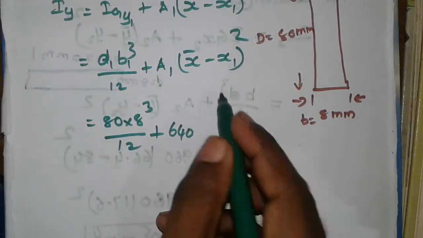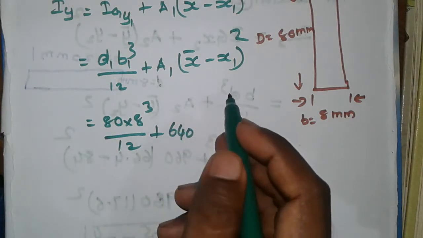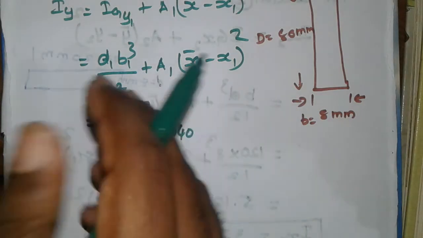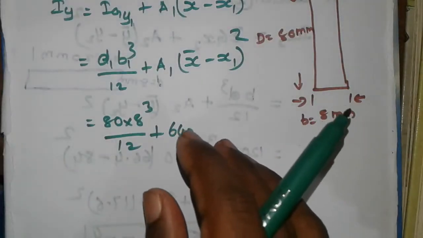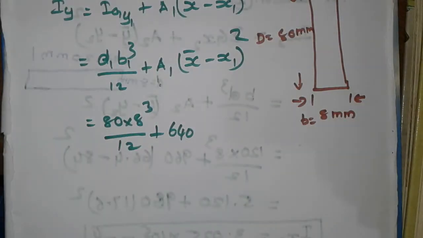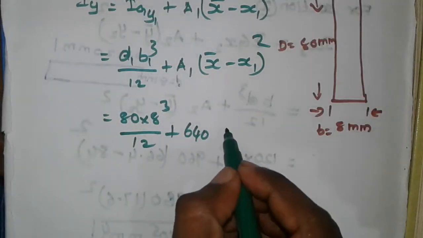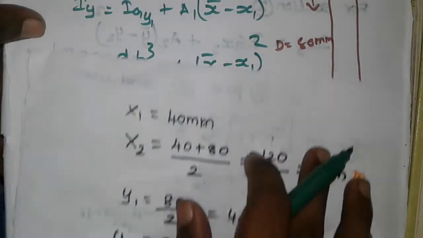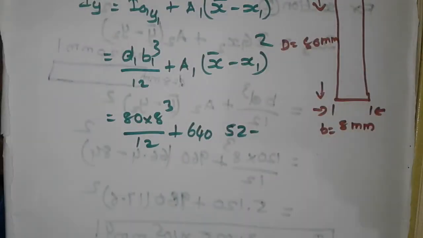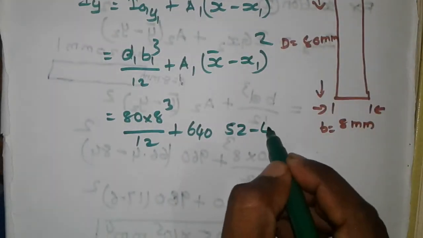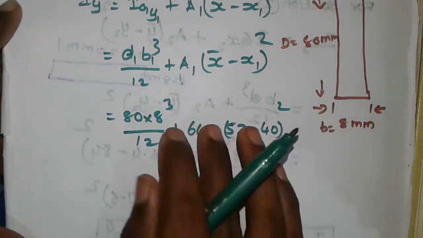640 x bar, we have calculated 52 mm. 52 minus x1 value, x1 value is 40, whole square.